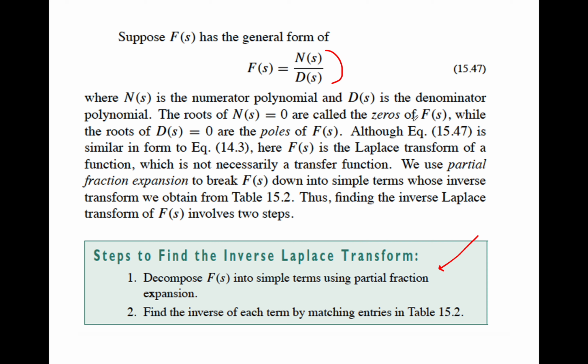So a couple of comments. First of all, the order of the numerator will need to be lower than the order of the denominator polynomial. If it's not, you will have to do long division. If you're doing this by hand, you'll have to do long division in order to reduce it to the point where it is so. Secondly, you can't have any other functional forms. So, for example, you could not have in the numerator an e to the minus 2s multiplying the polynomial.